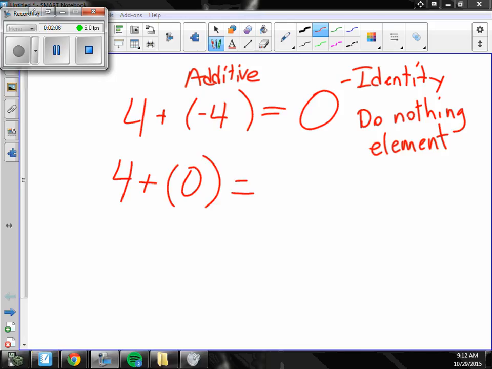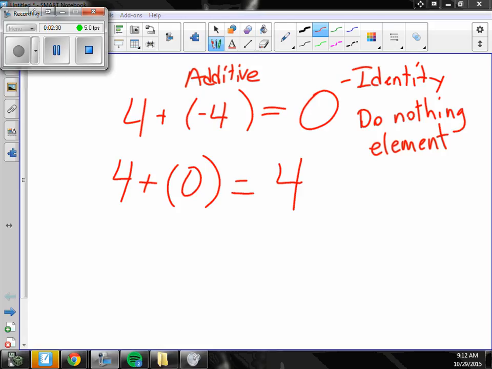The original element. Now, this doesn't seem very important to you, but all of algebra and essentially all of addition and multiplication in all mathematics with numbers relies on this fact of inverses and identities. Now, if you go on and you take abstract algebra, you'll learn more about this, but most of you won't.